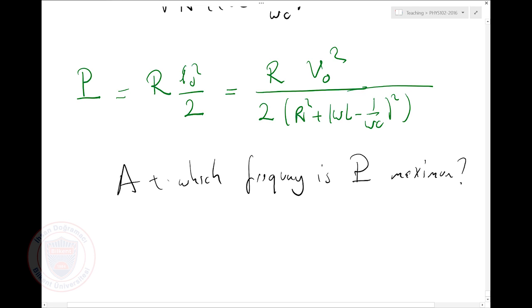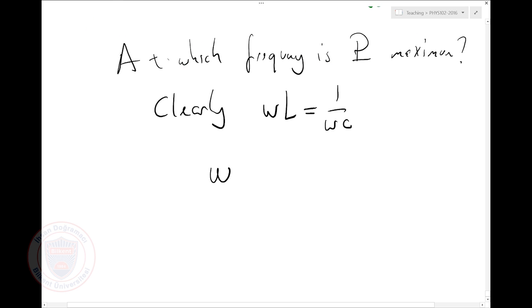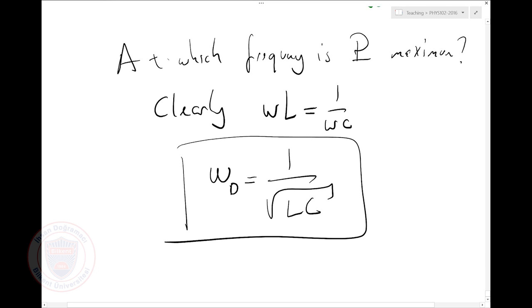When I change my frequency, the only factor it actually changes is here. And it's an absolute value squared. So the maximum power is when I have the minimum of this term, when omega L is equal to 1 over omega C. Wow! So at what we call omega 0, 1 over square root of LC, power is maximum.